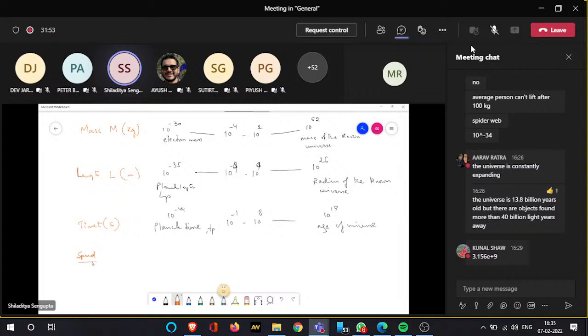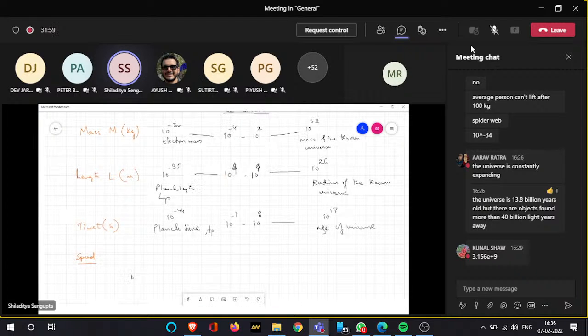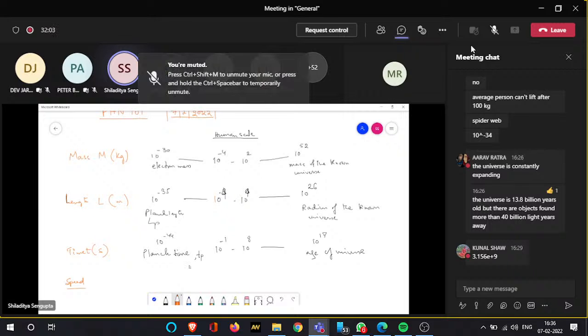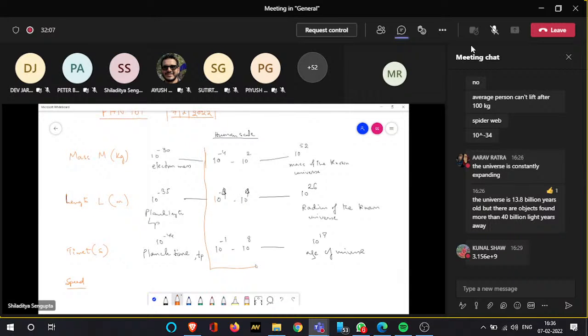The reason I put all these things is that this is our human scale. And this one is the operating range of the full universe, that we know, at least today.